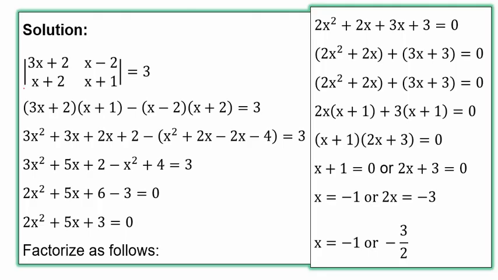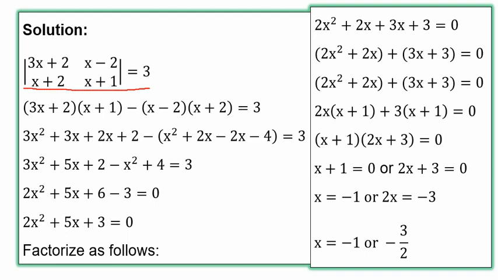So this is the equation once again. When we are evaluating the determinant of a 2 by 2 matrix, you take the difference of the product of the two diagonals, where you start with the main diagonal.